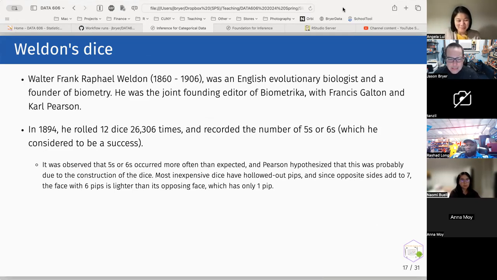In the late 1800s, a biologist by the name of Frank Raphael Weldon, a pretty famous biologist, founder of biometry and founding editor of Biometrika, which is still one of the top statistics journals in the world, noticed that 5s and 6s seemed to come up more often than other numbers on dice.